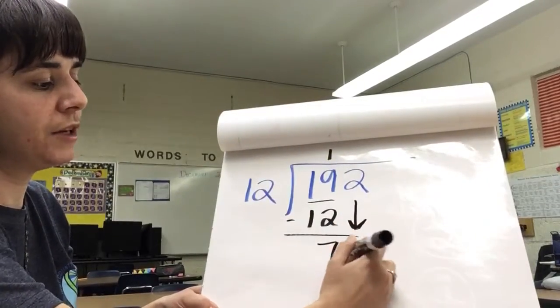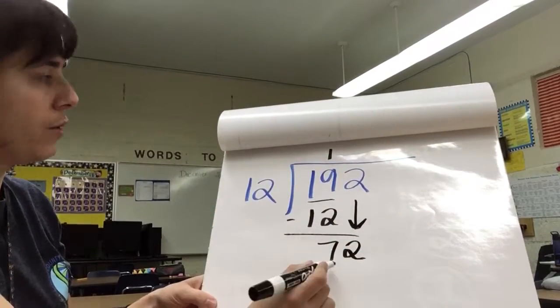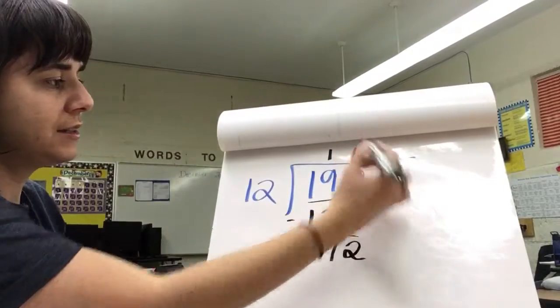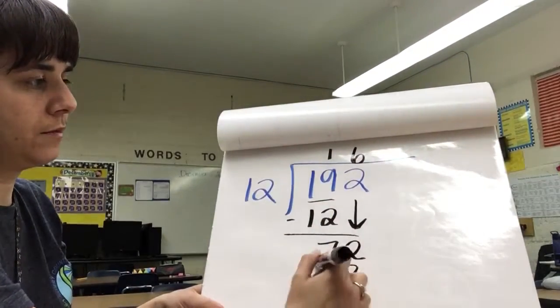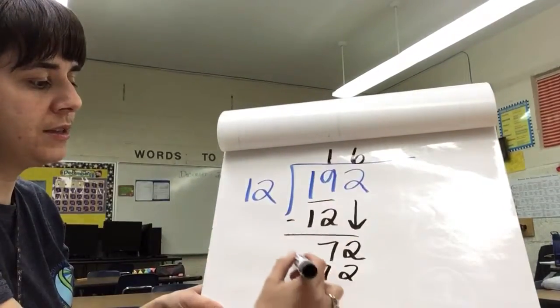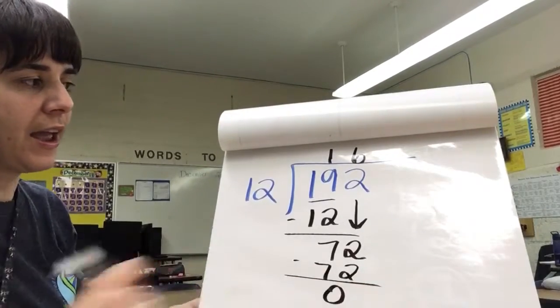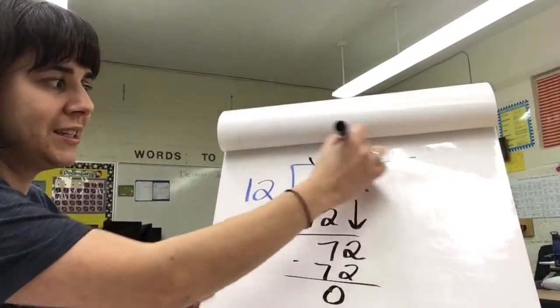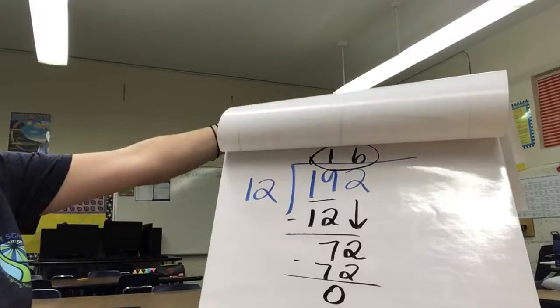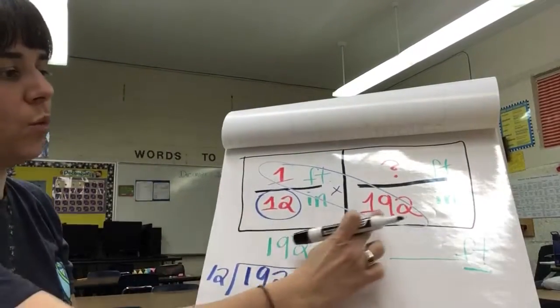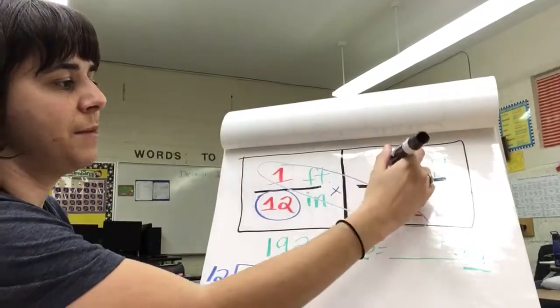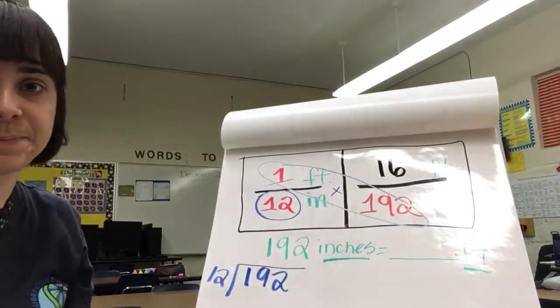I'm going to bring down my 2. 12 will go into 72 6 times. 6 times 12 is 72, and I subtract, and I have 0 left over. So 16 is my quotient, which means in my problem, 192 inches was the same as 16 feet.